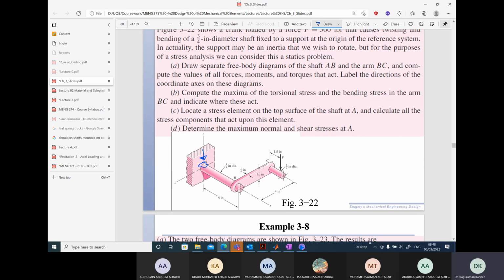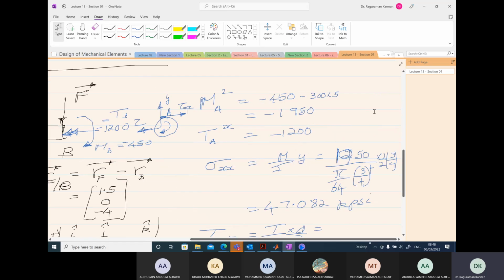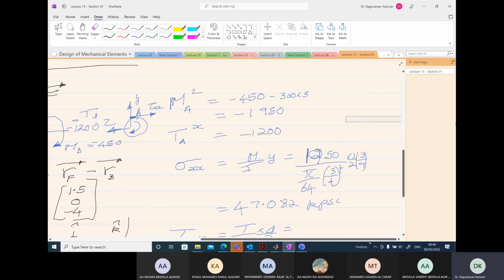Since the torque is in the negative x direction, we have it like this. On this surface, it is like this. We need to draw the stress elements in 3D very carefully to figure it out.